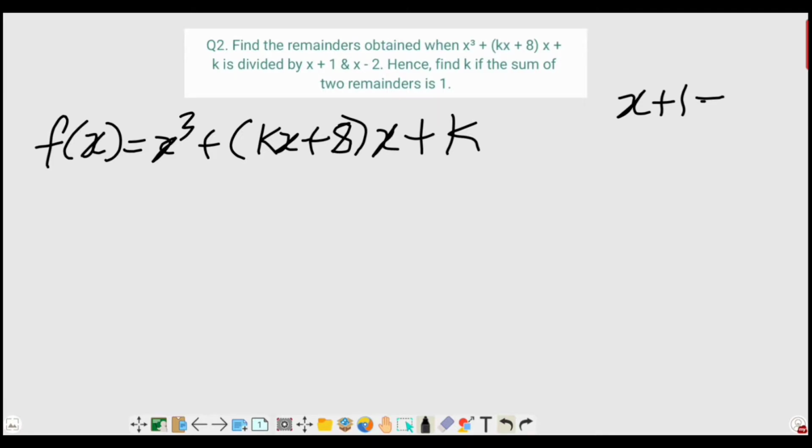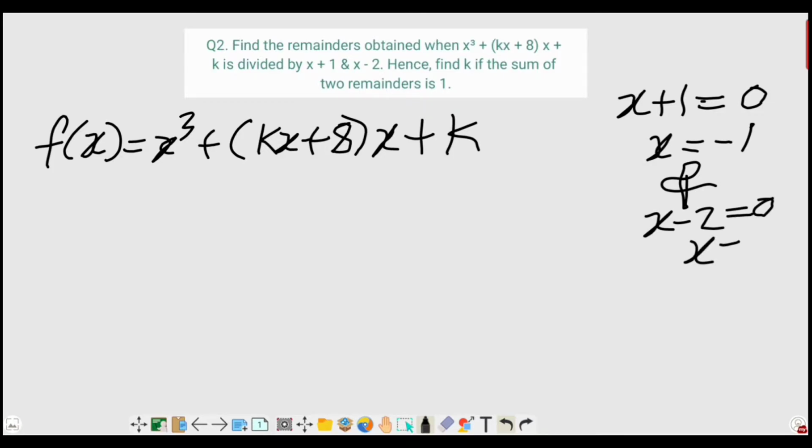When you consider this binomial, your value of x is minus 1. And the next binomial is given, x minus 2. When you consider this, your value of x is 2. First, you have to find the remainders. Hence, find k if the sum of the two remainders is 1.